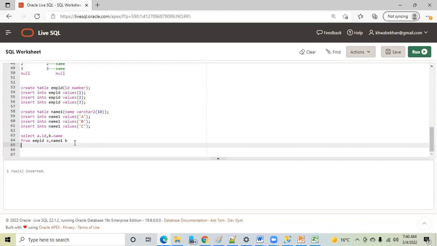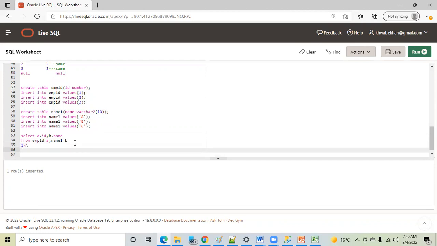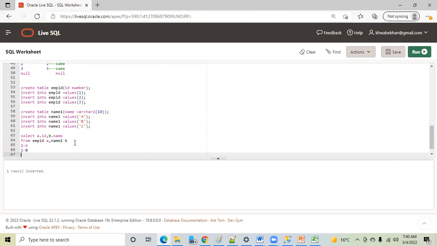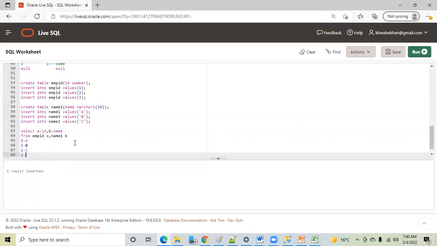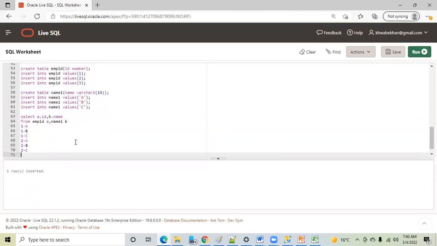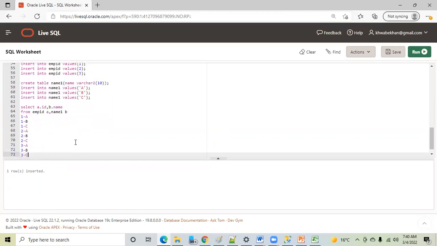If I execute this, what will be the output? 1A, 1B, 1C, 2A, 2B, 2C, similarly 3A, 3B, 3C. I hope this should be clear now to everyone.